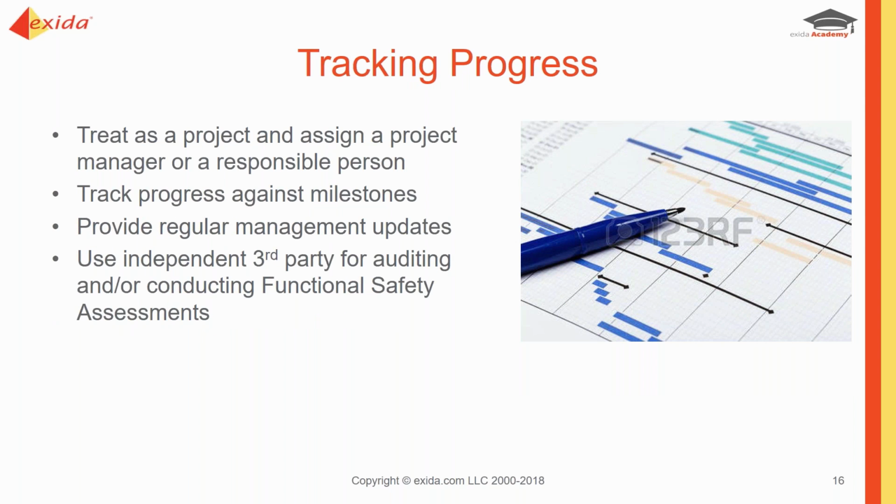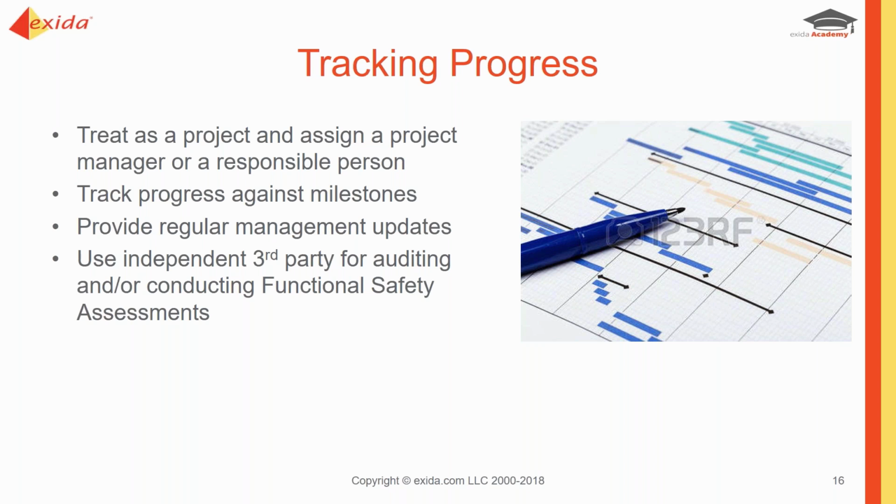So the way we would approach this is, as you would approach any project, we would assign somebody who's responsible, call him a project manager, making sure that he or she is accountable, and then track progress against the milestones.